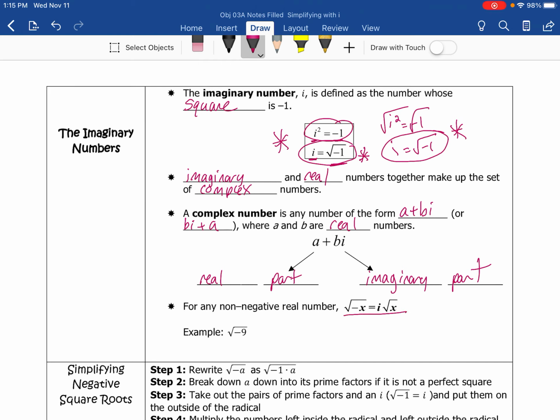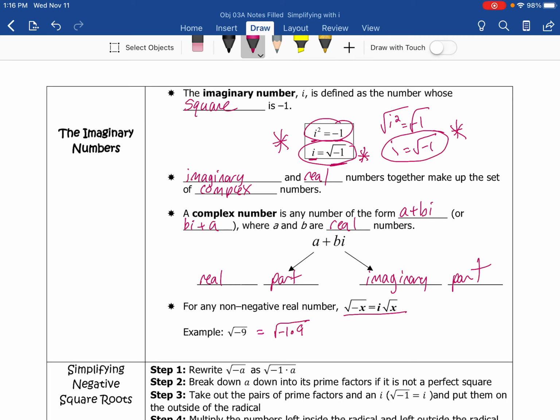And so we have this little hint right here. It says, for any non-negative real number x, the square root of -x is i radical x. We're going to think about that in a little bit, in a different way though. So right here, in my example, is the square root of -9.